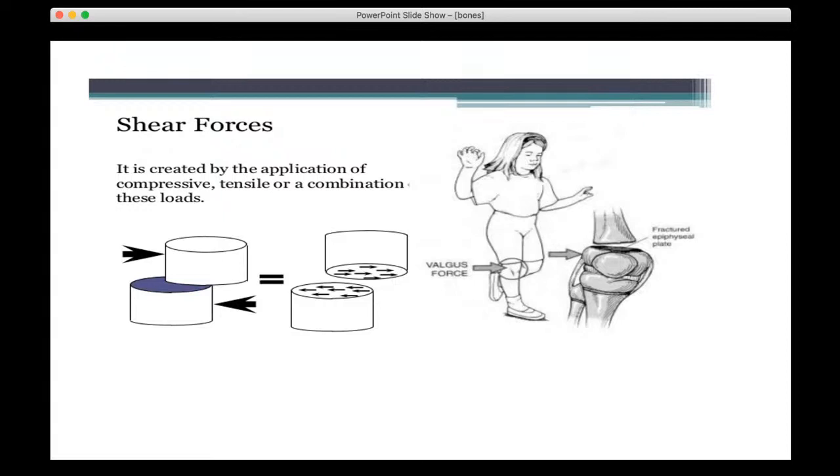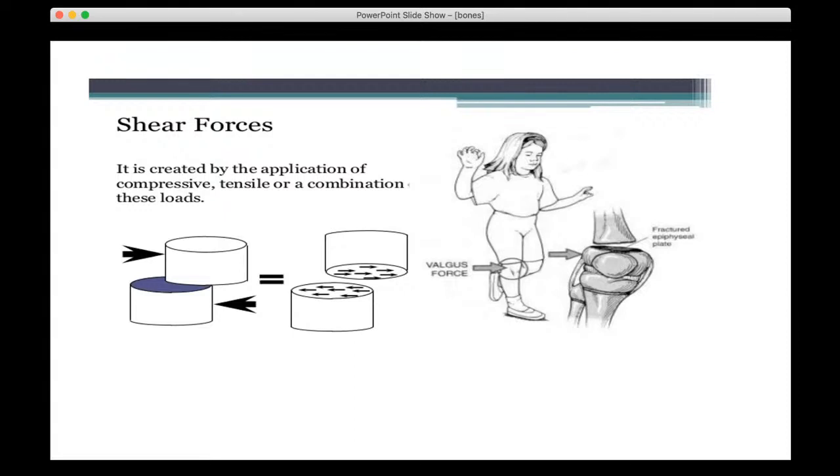Now another picture shows an example of an epiphyseal plate fracture. This epiphyseal fracture is basically due to shear stresses, and these kinds of fractures are very common in games. It is created by application of compressive, tensile or a combination of loads, on the transverse side, where you have seen that Young's modulus is less and the bone has a high chance of fracture.